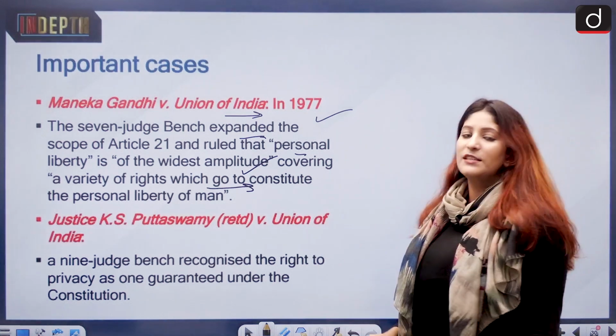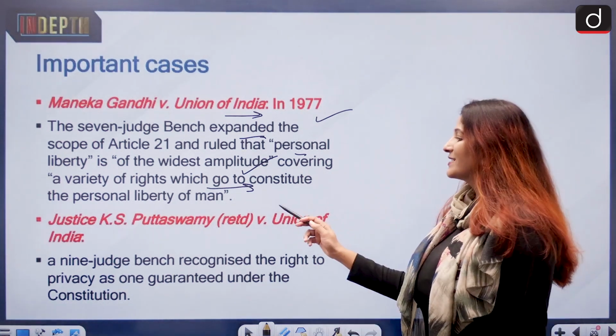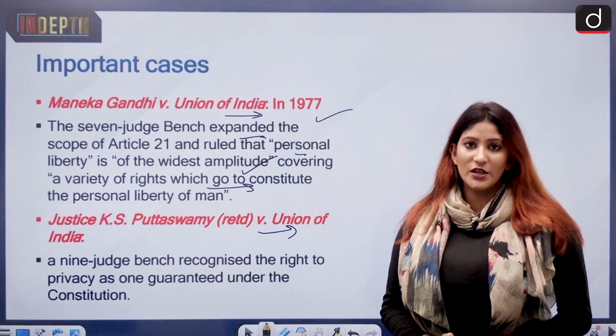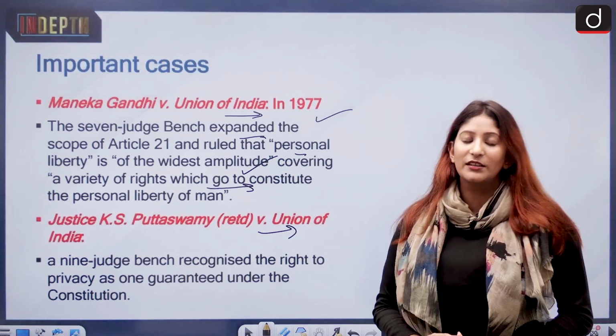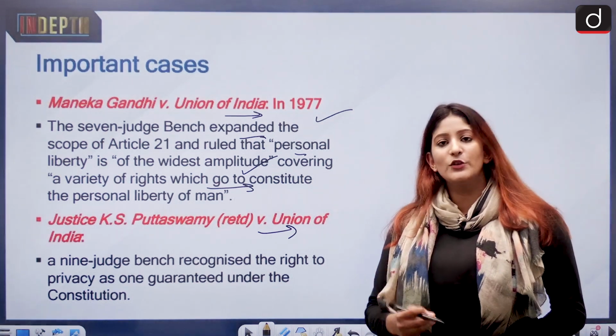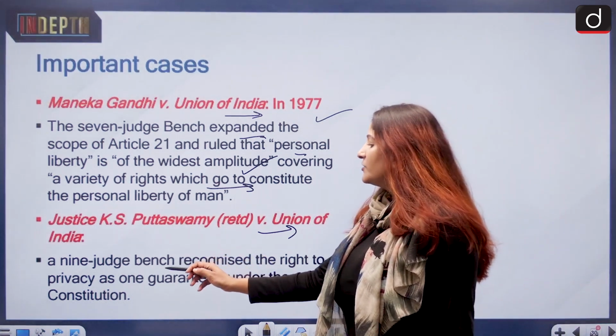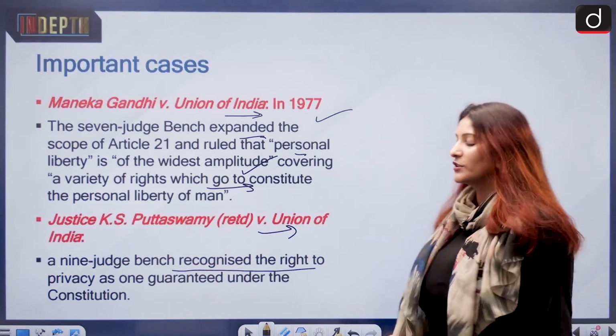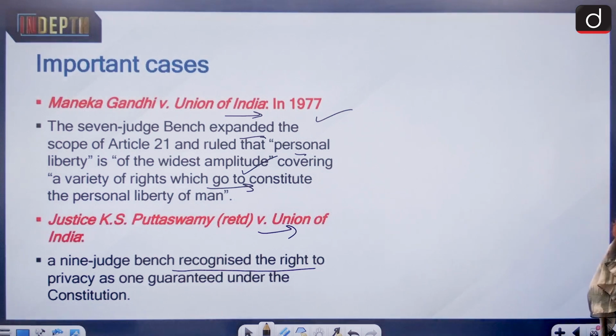Then, of course, the privacy case, Justice K.S. Puttaswamy versus Union of India, who in 2012 challenged the Aadhaar. For that, in 2017, a 9-judge bench recognized the right to privacy as one guaranteed by the Constitution of India, that is under Article 21.